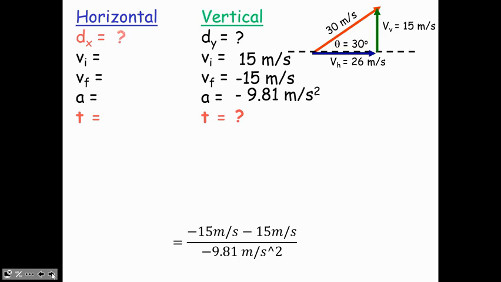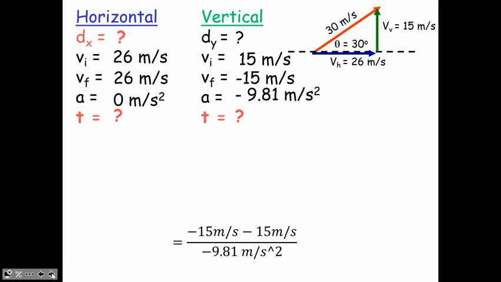In the horizontal direction, we will eventually solve for the horizontal displacement. We know the initial horizontal velocity is equal to the horizontal component we just solved for, 26 meters per second. The horizontal velocity stays constant because the horizontal acceleration is 0. And time, again, is unknown.